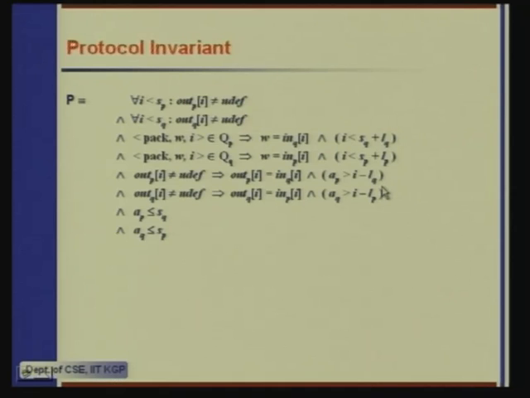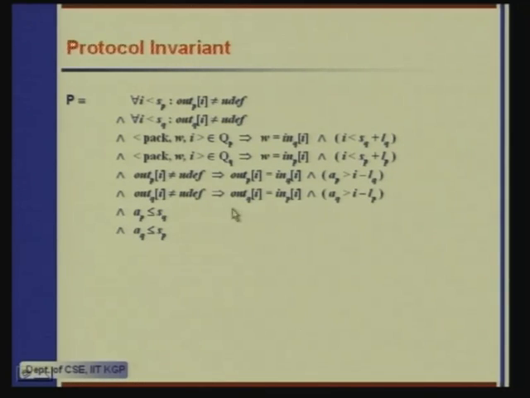The other actions do not change any of these variables, so they do not affect this inequality, only RP affects this inequality. But what RP does is it updates AP to be as large as I minus LQ plus 1. So it is always greater than I minus LQ, right.